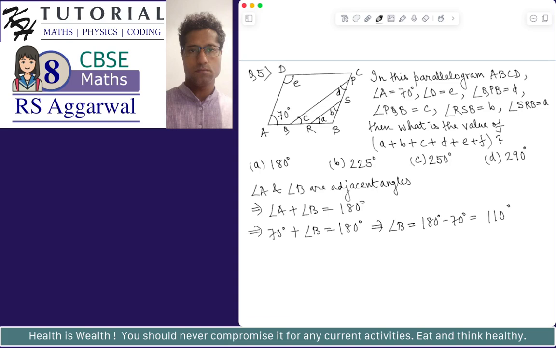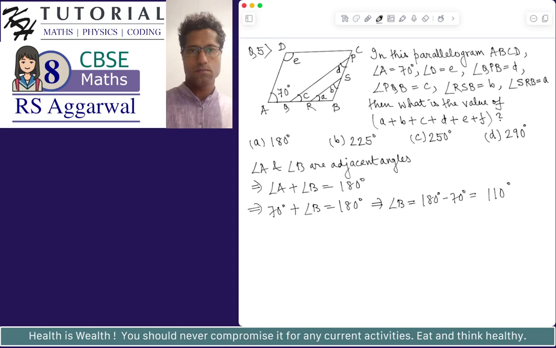Okay. Now also see that using the angle sum property of a triangle, in triangle SRB, angle SRB plus angle RSB plus angle SBR, that is the sum of the three angles of the triangle SRB, should be equal to 180 degrees. Now angle SRB is labeled as A. RSB is labeled as angle B. And angle SBR is nothing but angle B of the parallelogram ABCD.